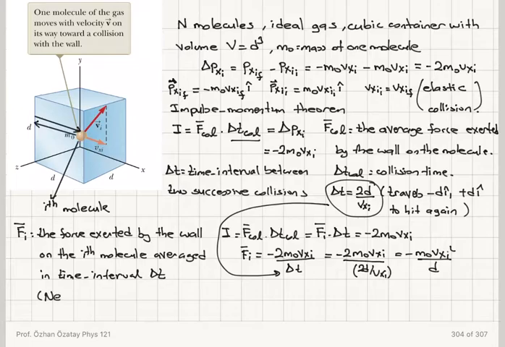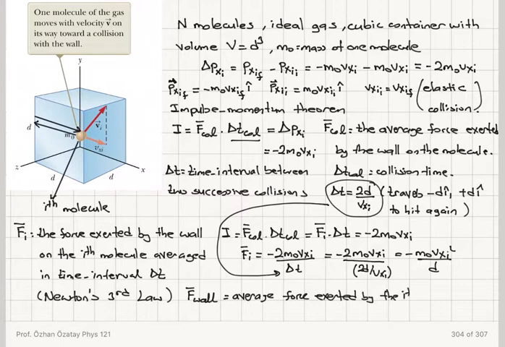I can use Newton's third law, action reaction, which tells me that the average force exerted by the ith molecule on the wall will be equal to minus Fi bar, the average force exerted by the wall on the ith molecule.